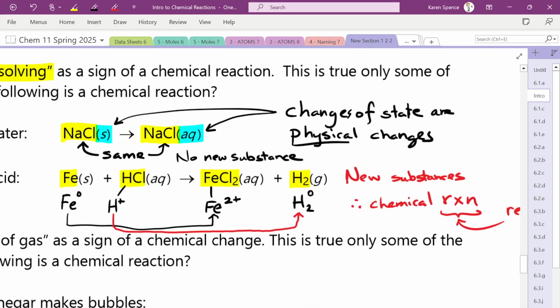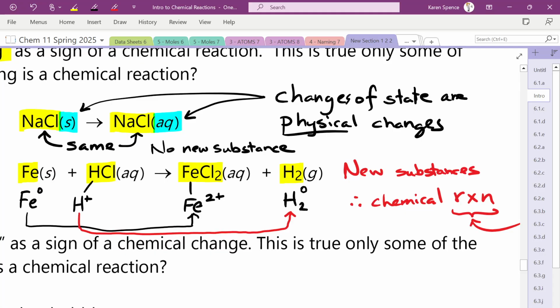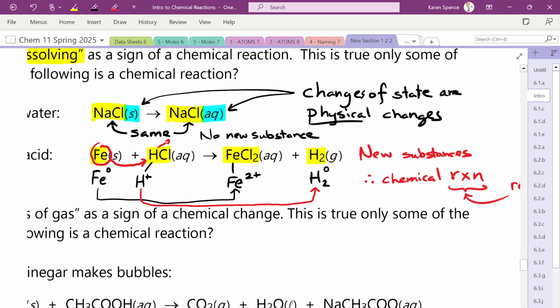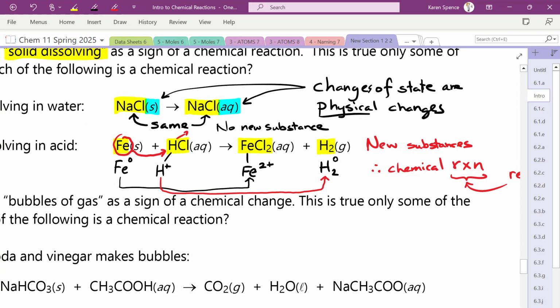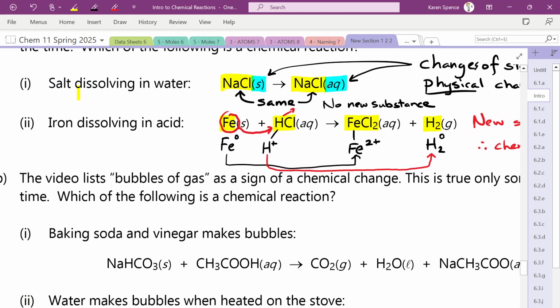Anybody happen to know what type of reaction this is? It is a single replacement. The iron is coming over here and it's kicking out the hydrogen and it's taking its place. We have a single replacement.